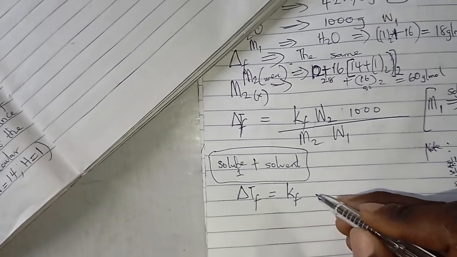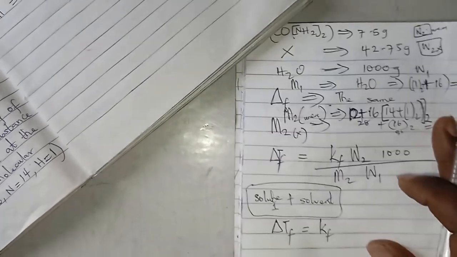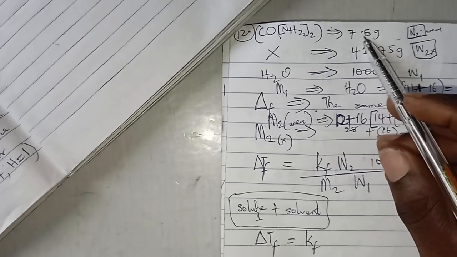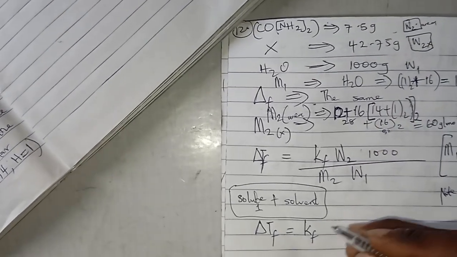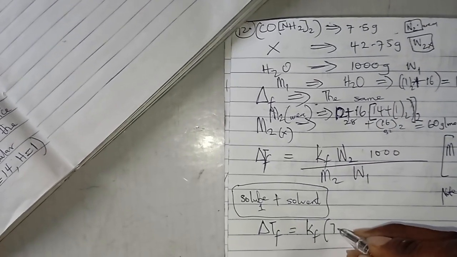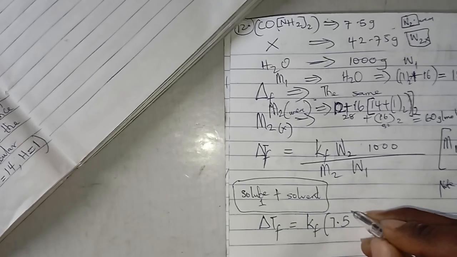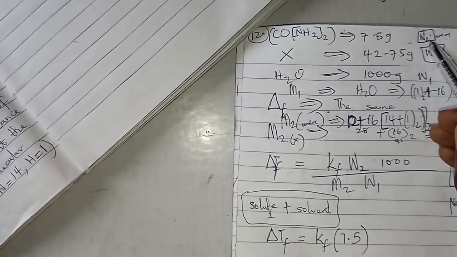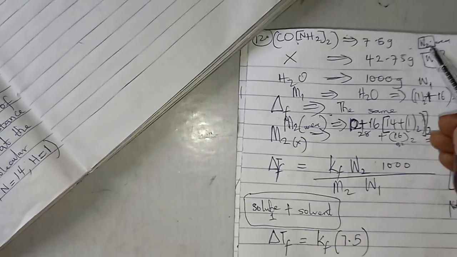Then W2, the weight of the solute, is given, which is 7.5 gram. This is it. We have two solutes. I'm calling this one W2, weight of solute urea.